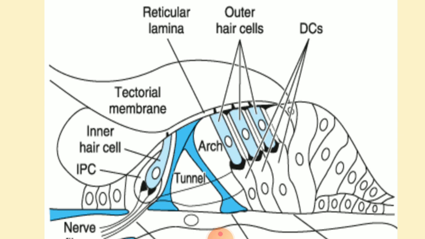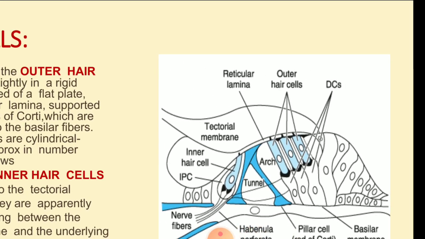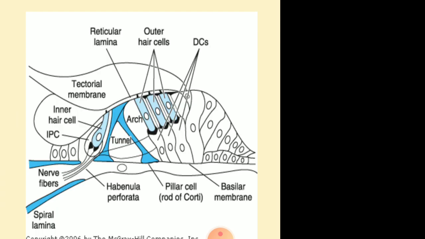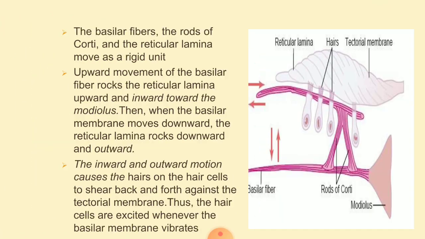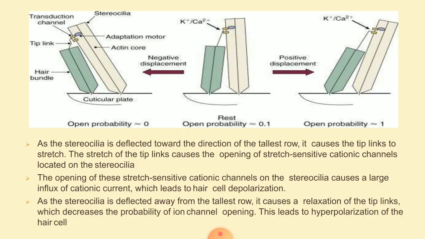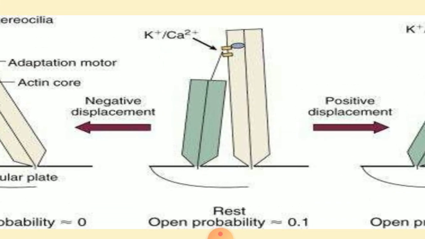Now, what happens whenever there occurs stimulation of outer and inner hair cells? Whenever there is stimulation of outer and inner hair cells, there occurs entry of potassium ions within the hair cells.